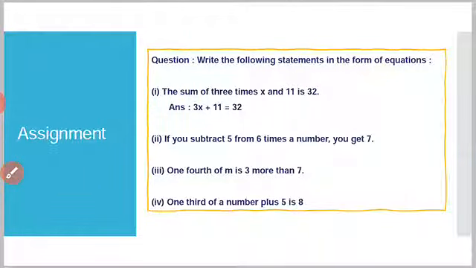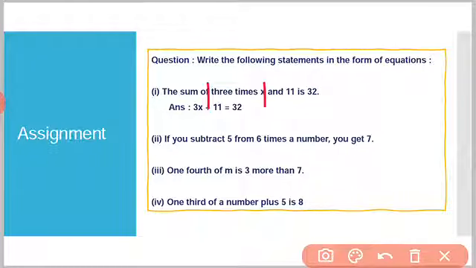So children, this is the assignment for today. You have to write equations for the following statements. The first one is done for you. Write the following statements in the form of equations. The sum of 3 times x and 11 is 32. Break it in parts. See, 3 times x means 3x.